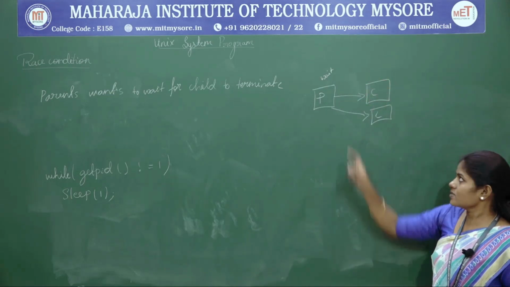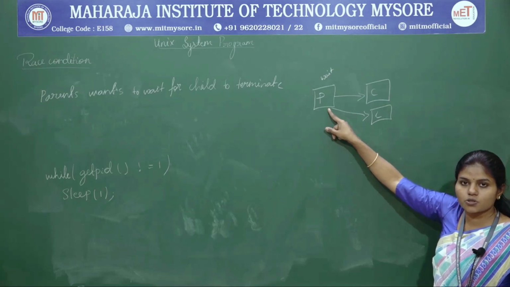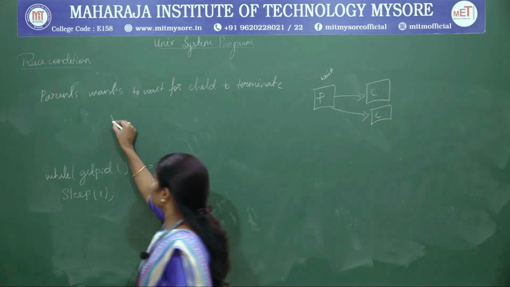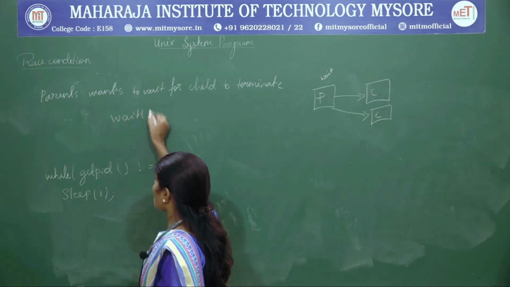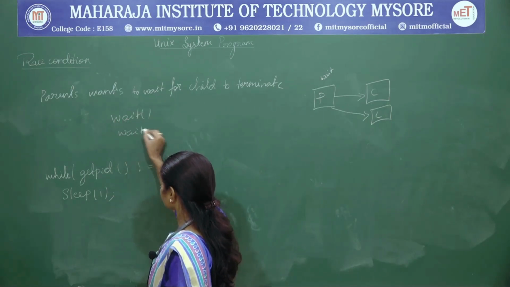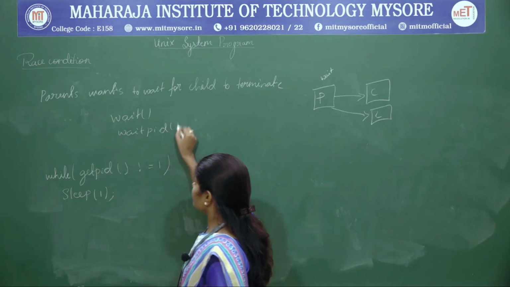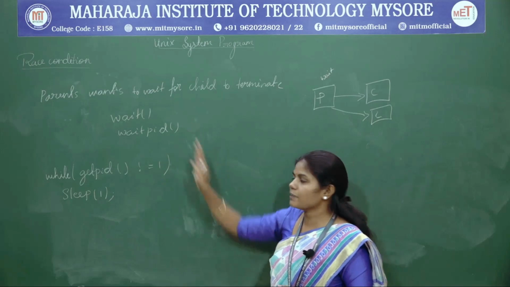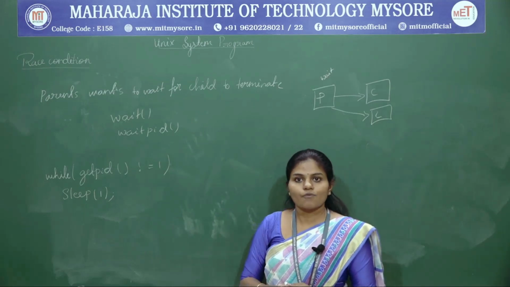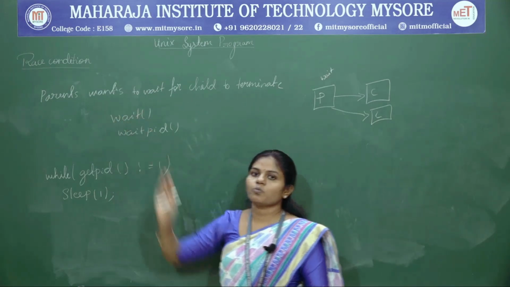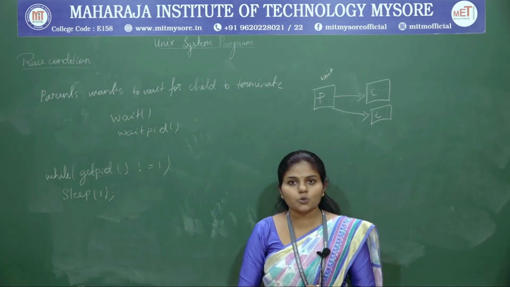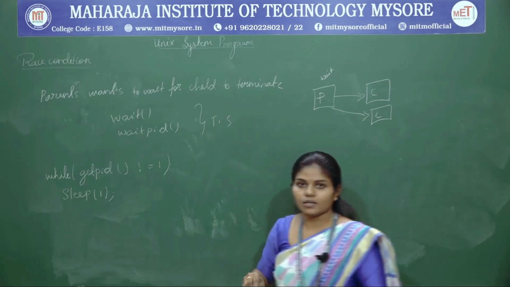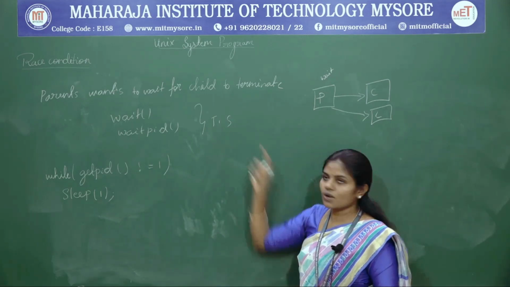So the parent makes use of an important API that we call the wait API or waitpid, waitid, wait3, wait4. The parent makes use of all these APIs to get the termination status of the child, right? So this is the first thing.